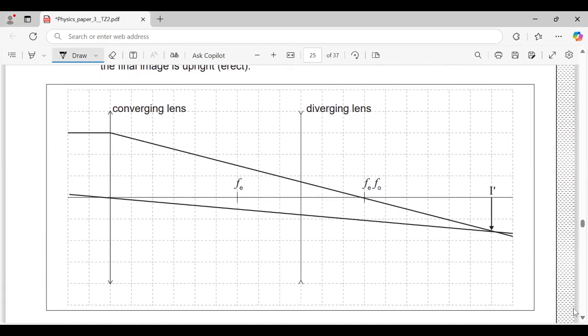Through this diagram, the first step, we need to draw a straight line through this intercept point, and the straight line like this, parallel with this line.